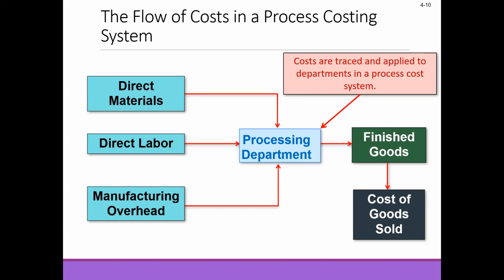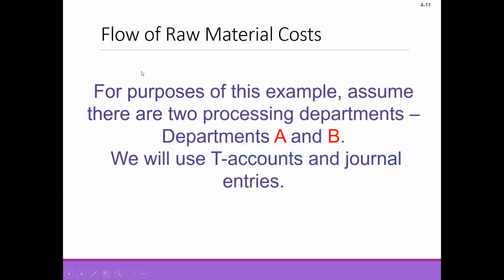And then instead of into specific jobs, they're going to go into processing departments, ultimately into finished goods and cost of goods sold. So for purposes in just this example, assume there are two processing departments, departments A and B.